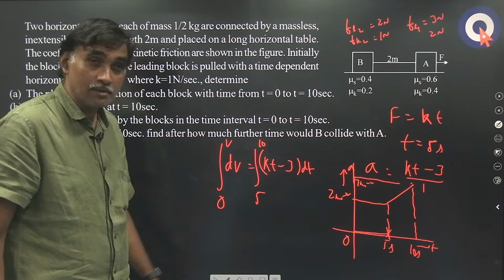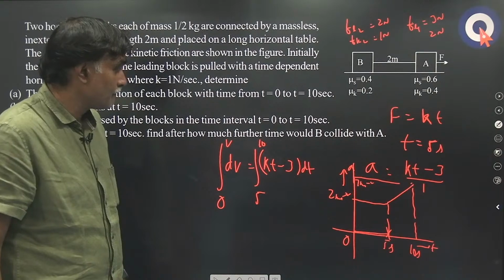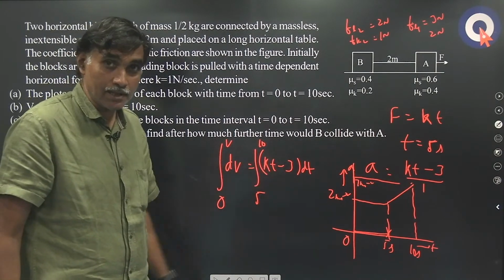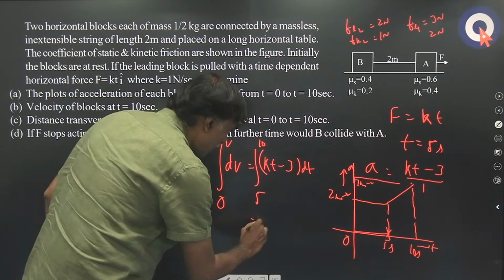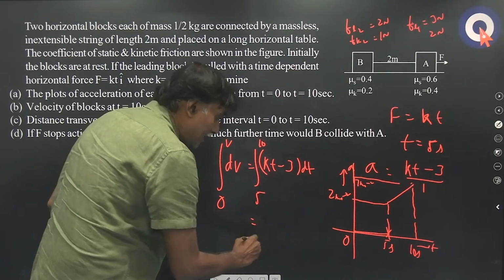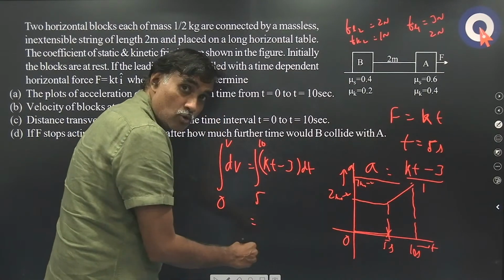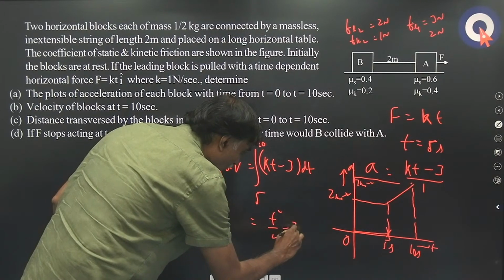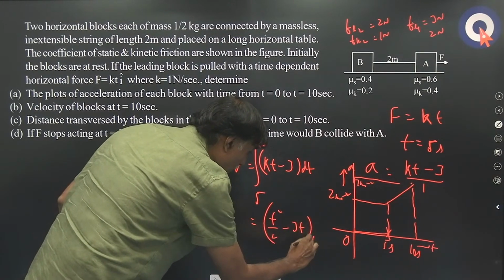Then we'll get velocity after 10 seconds. K is 1. So, if you integrate this, what do you get? t square by 2 minus 3t, from 5 to 10.